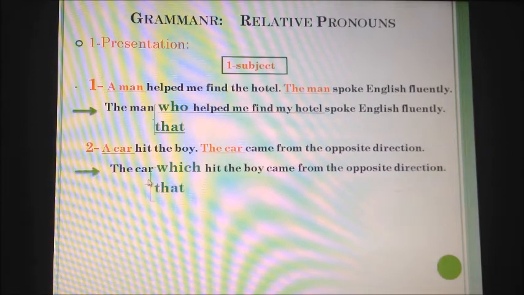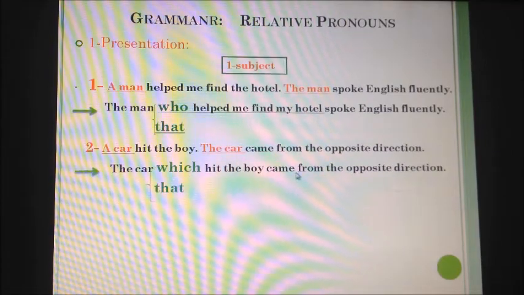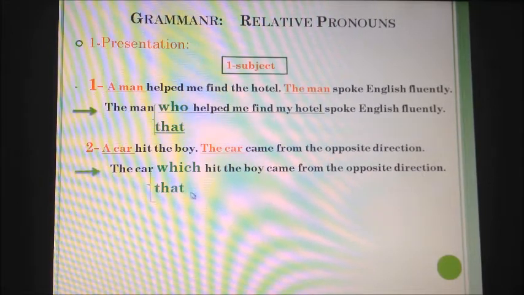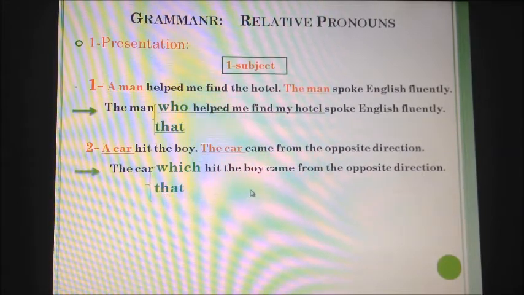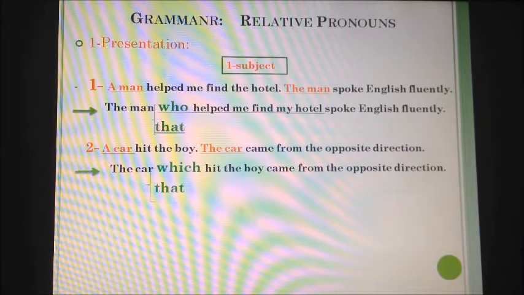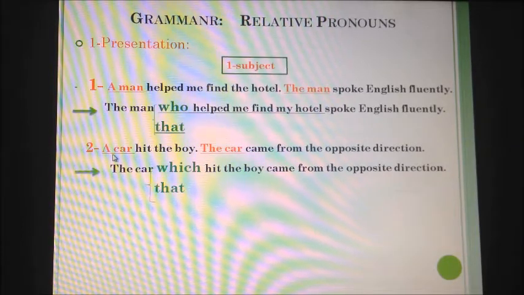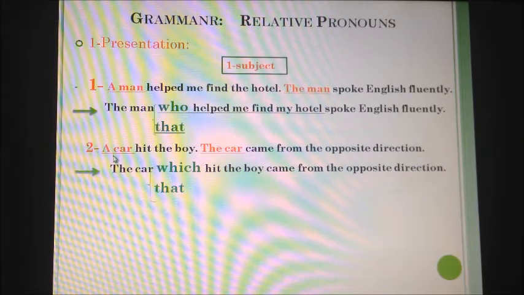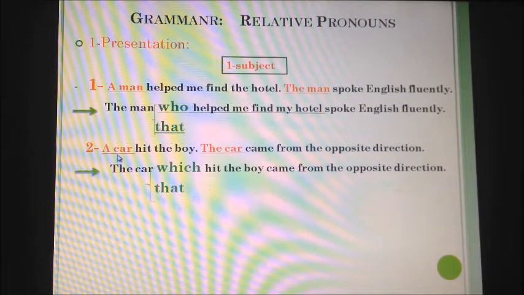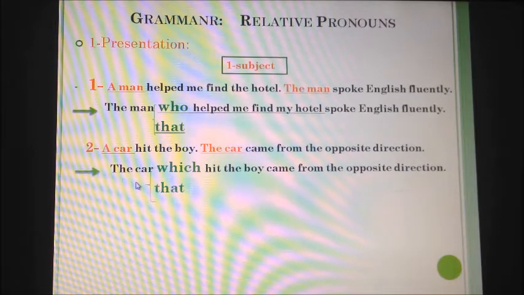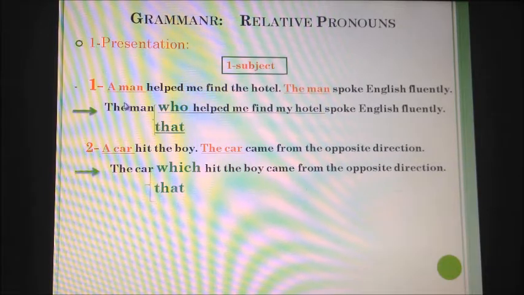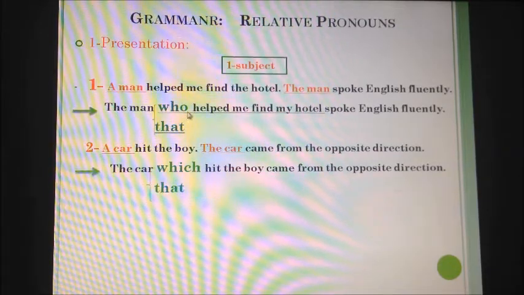So, the car which hit the boy came from the opposite direction. Or the car that hit the boy came from the opposite direction. Notice that in the first sentence it's a car, سيارة, غير معرفة. But in the second sentence, the car, السيارة التي، الرجل الذي.